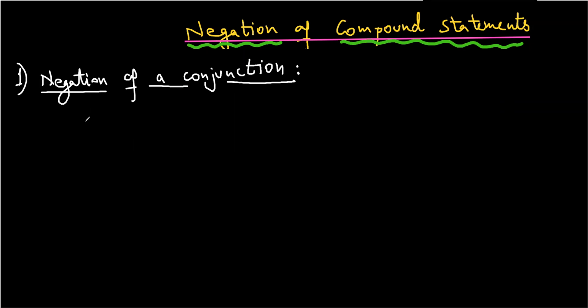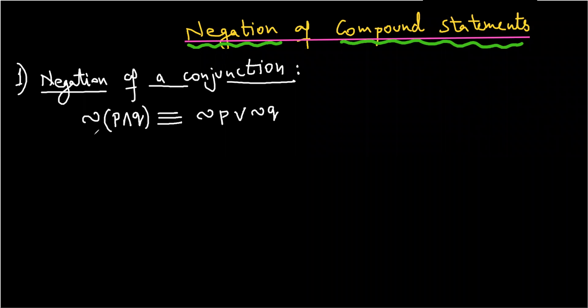Remember, if you have negation of P and Q, this is conjunction P and Q. If you have negation of P and Q, then it is always negation P or negation Q. So what actually are you doing?